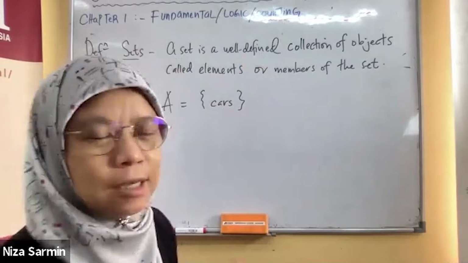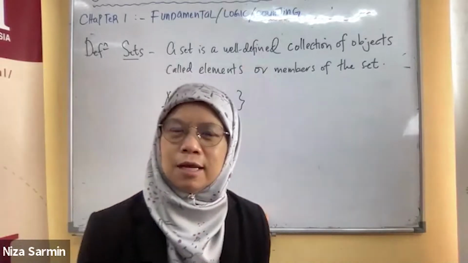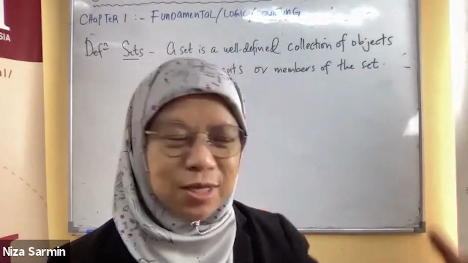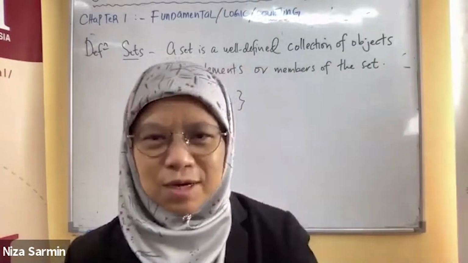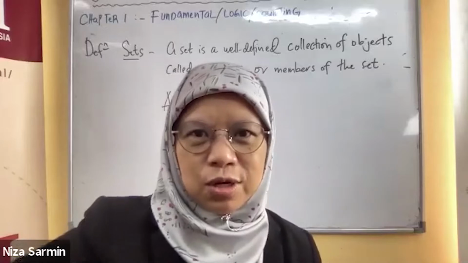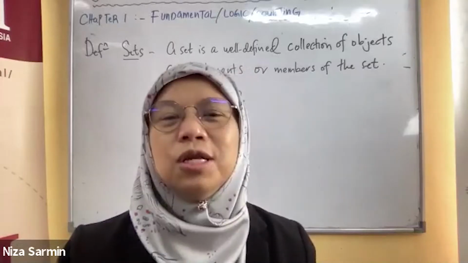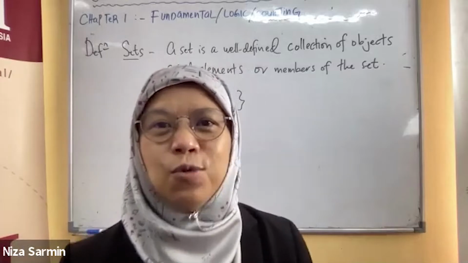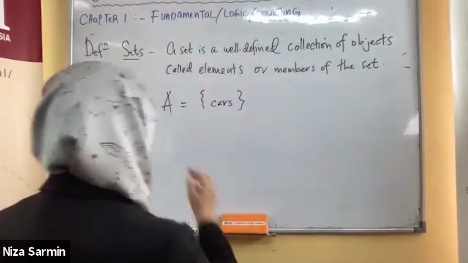I can say a set of UTM students, right? So this object is Hana. Okay, you are a member. Shiham, you are a member. Like my staff here, who is not a UTM student, not a member. So it is well defined. That is also a set. Another one is colors.